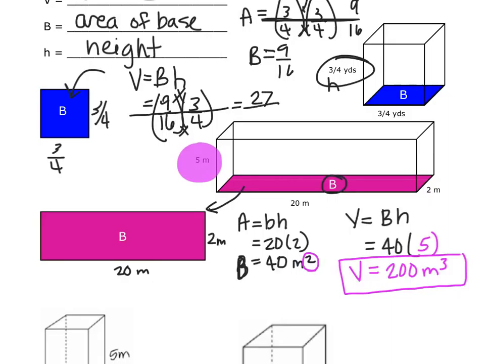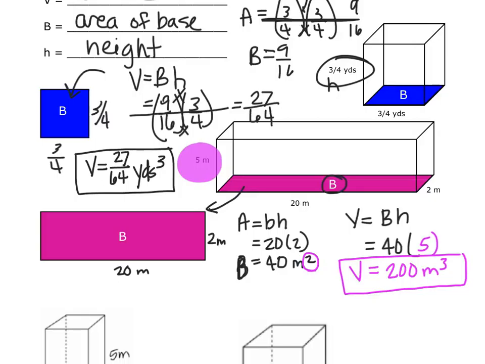And 16 times 4 is 64. All right, and fortunately for us, that can't be simplified. So we're going to have the volume equals 27/64 yards cubed.